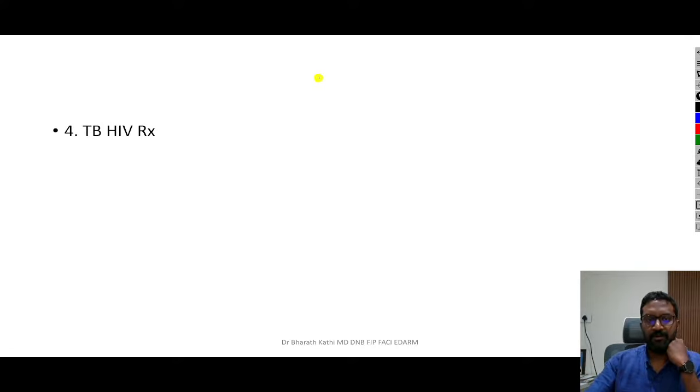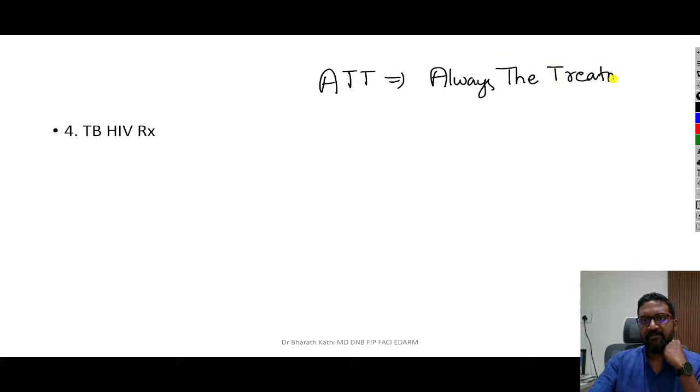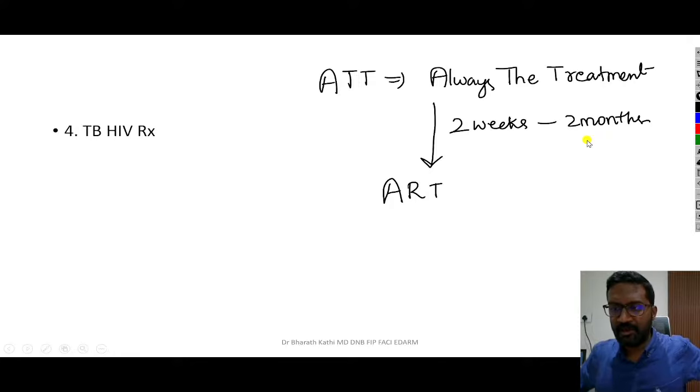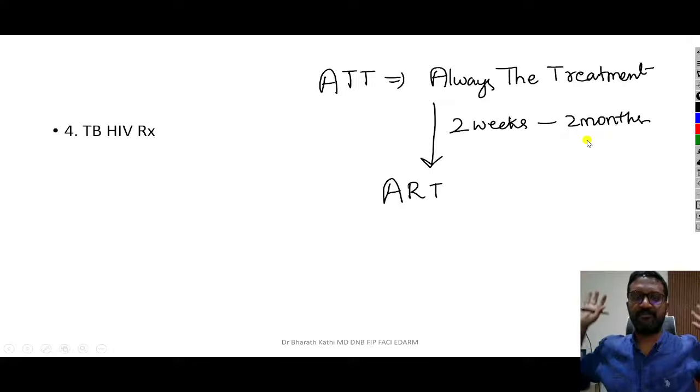TB, HIV, always the mnemonic: ATT. Always. It's not just anti-tubercular treatment. It is always the treatment. After that, you can go for ART. The time duration ranges from 2 weeks to 2 months, especially whenever there is CNS TB. We delay ART because already CNS TB is characterized by a lot of inflammation such as meningitis.